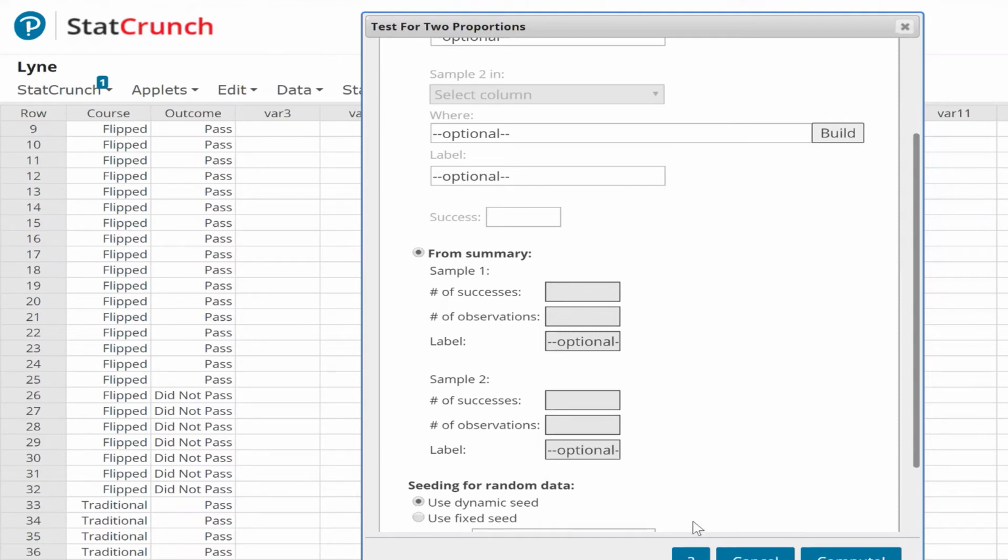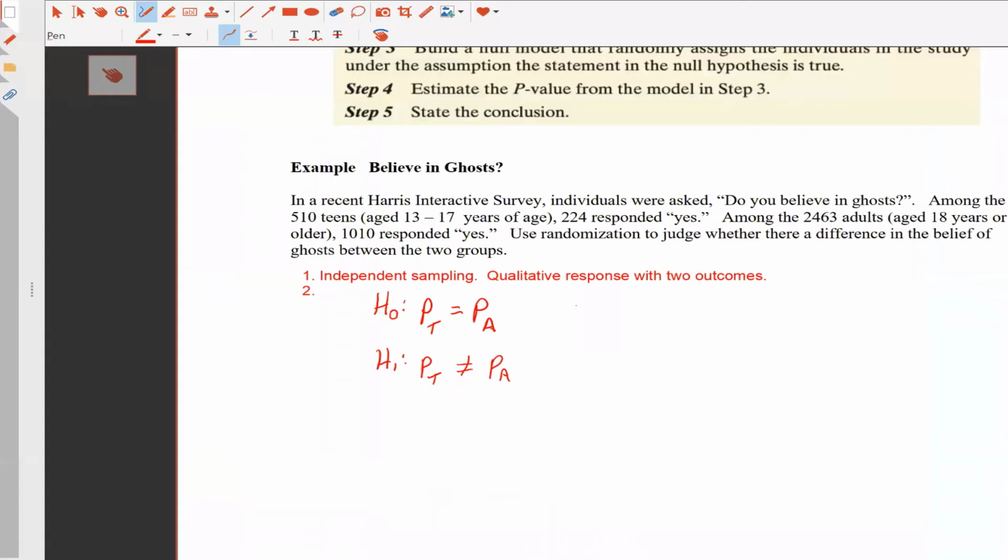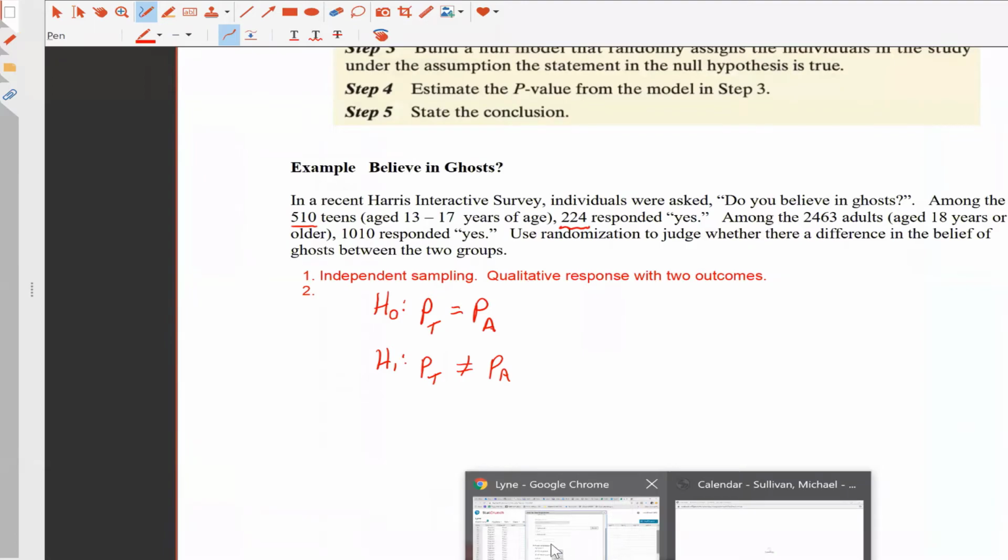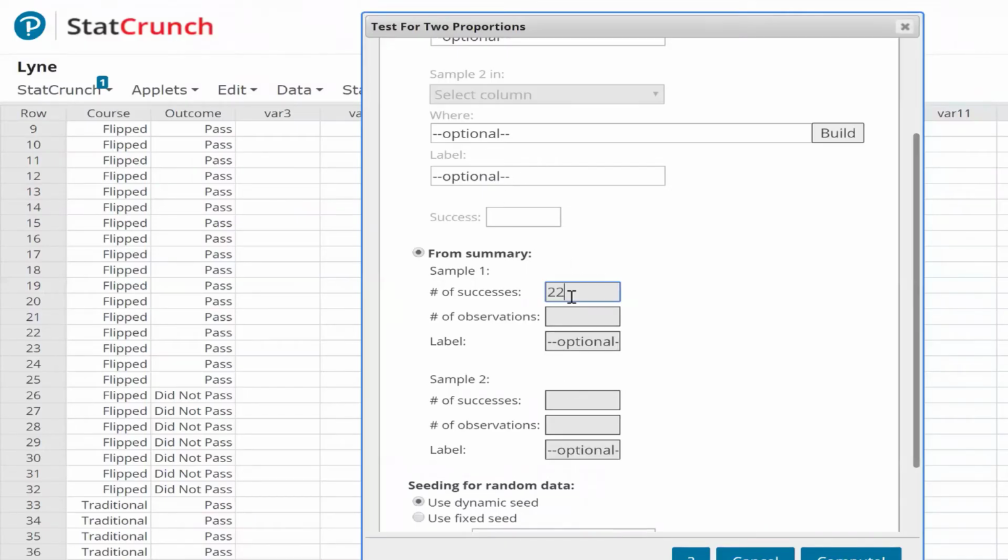For the teens, how many of our teens believed in ghosts? 224 out of the 510. And so we type 224 successes out of 510, and these are my teens.